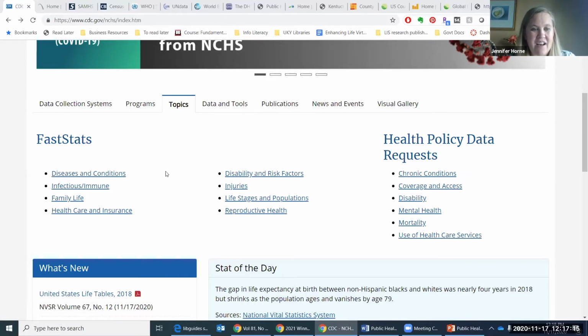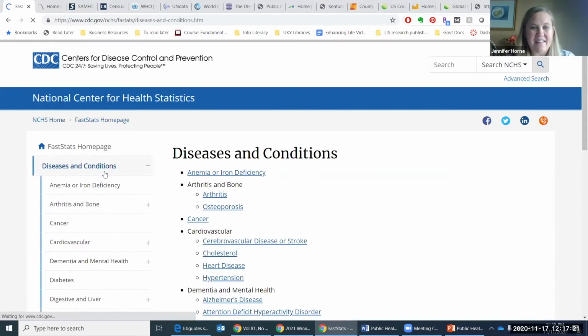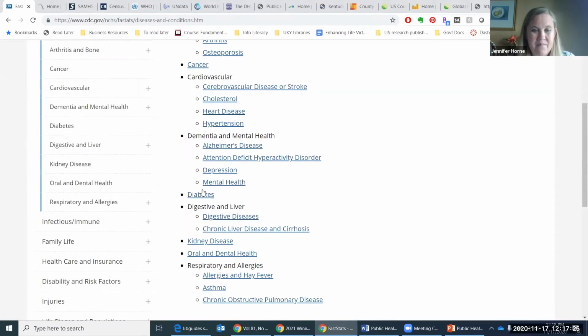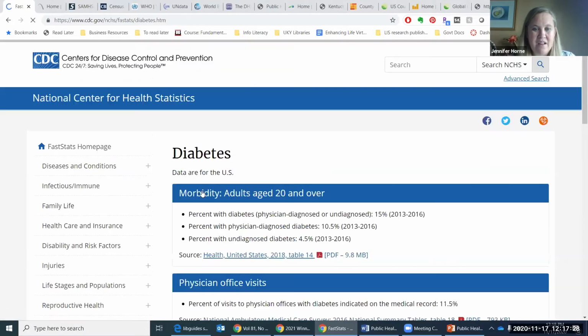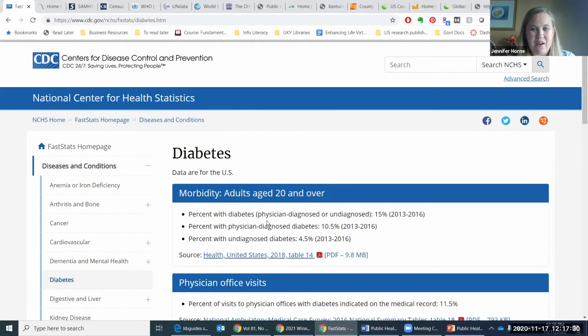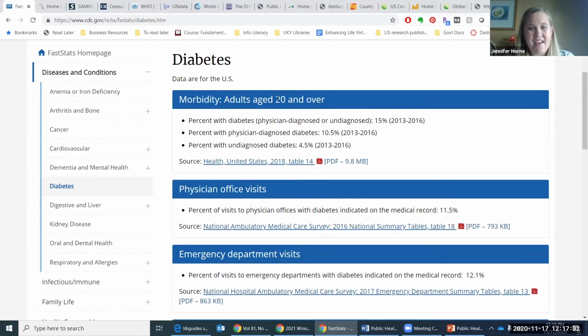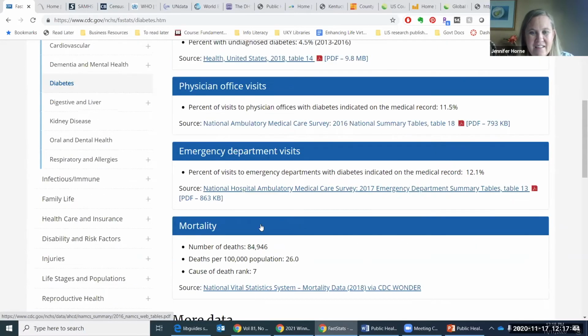You can see that they've got these different topics. If we were to go to FastStats, this is their quick statistics, and we were just to pick diabetes, for example, you could see the type of statistics they have here. And the best part is that they give you the source and they give you the table number, so you can go directly to this particular report or this particular survey that they did.